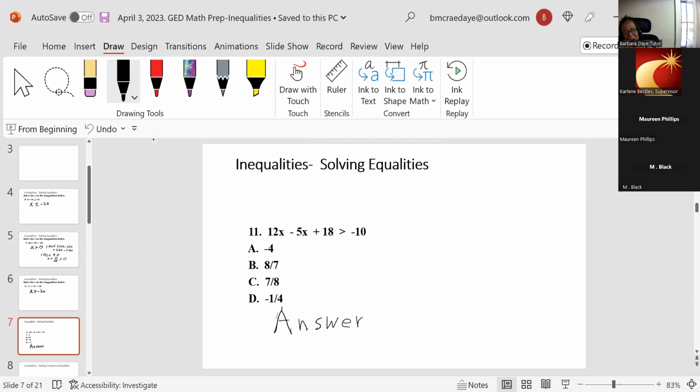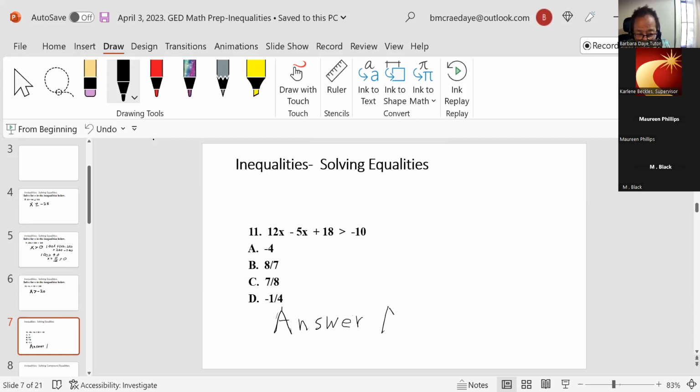So that's 0. Minus 10 and minus 18, Mercedes, is what? That's minus 28. So you got 7x greater than minus 28. What's the answer, Mercedes? -4. Answer A.